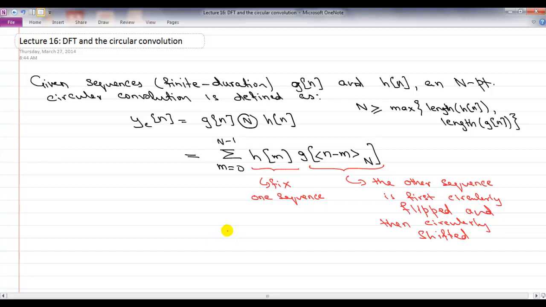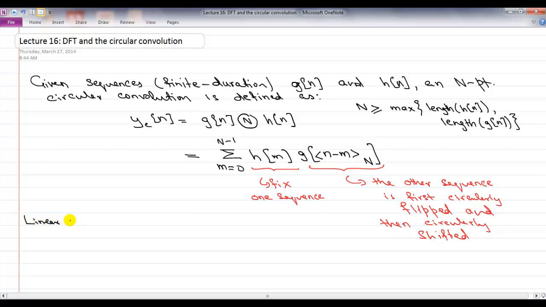To reiterate, linear convolution of two finite duration sequences will have a similar expression, but the difference is that instead of the circular flip, we will have linear flip.